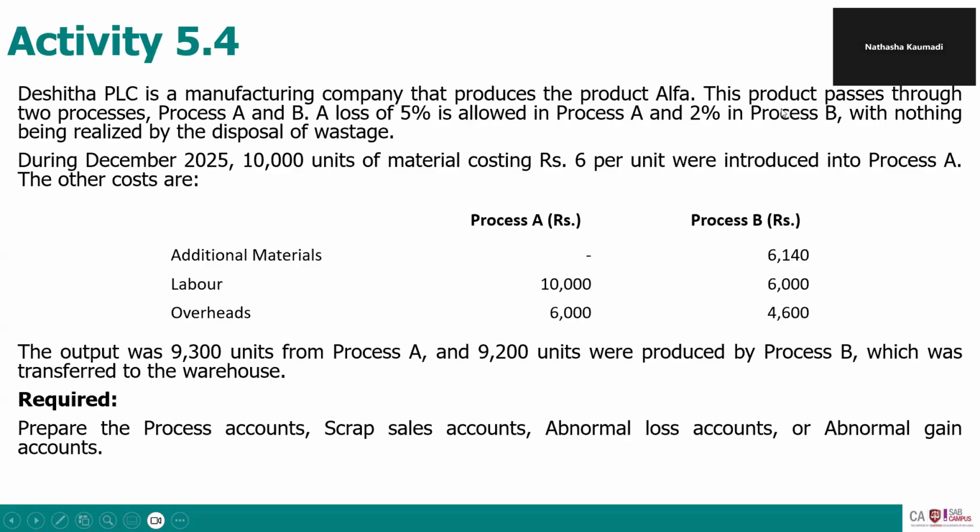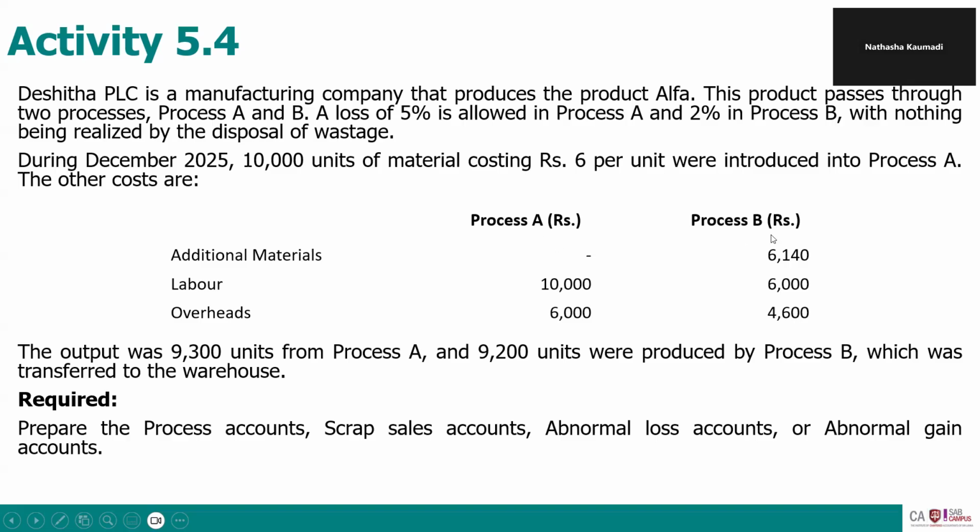This product passes through two processes, process A and process B. A loss of 5% is allowed in process A and 2% in process B. Remember, there are two normal loss percentages, with nothing being realized by the disposal of wastage. During December 2025, 10,000 units of material costing 6 rupees per unit were introduced into process A. The other costs are process A and process B.